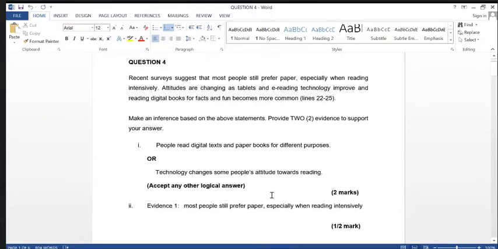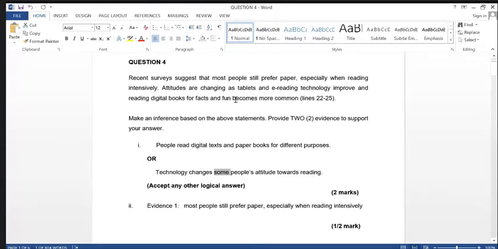I do not talk about improvement again, but another part where I infer is when I include the words some people's attitude. I don't say everyone. If you say technology changes people's attitudes towards reading, you are saying it's happening to everyone.